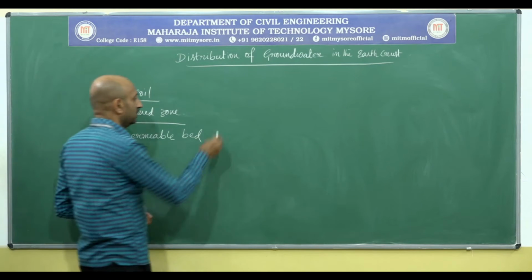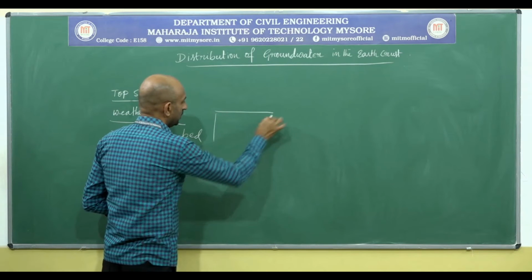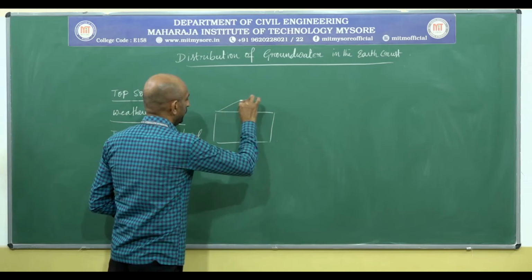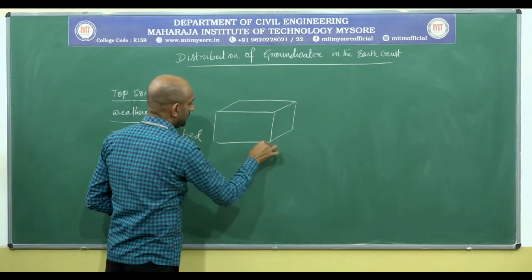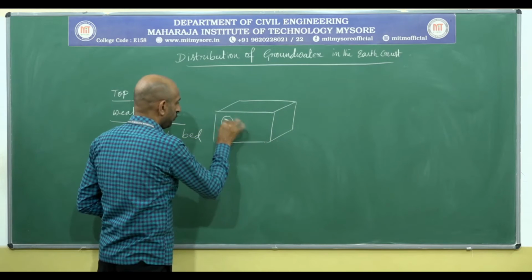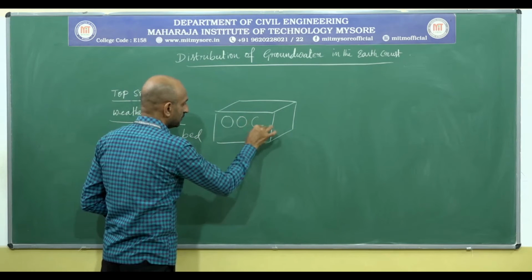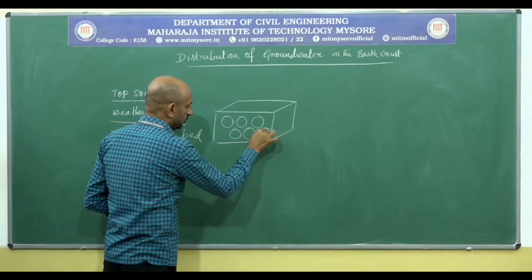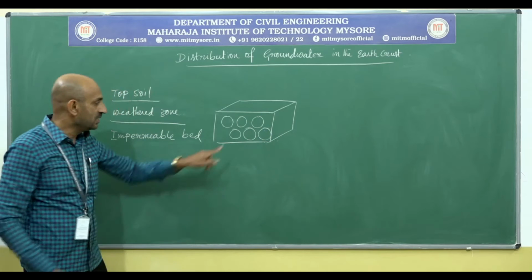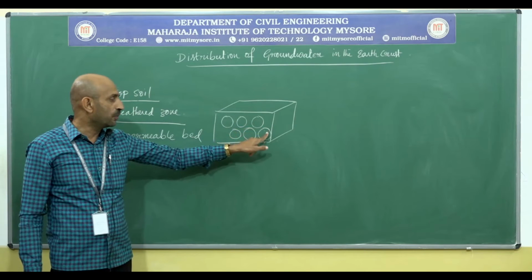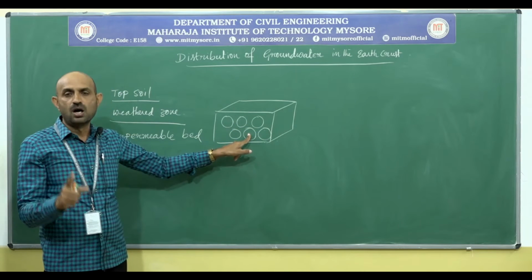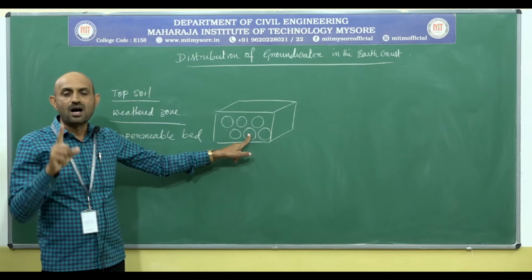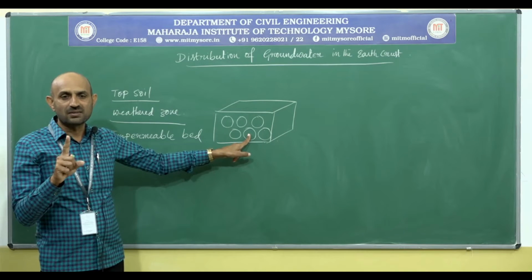For example, if it is a geologic unit, definitely it comprises a number of openings, which means interstices. These openings are called pores or voids or interstices.